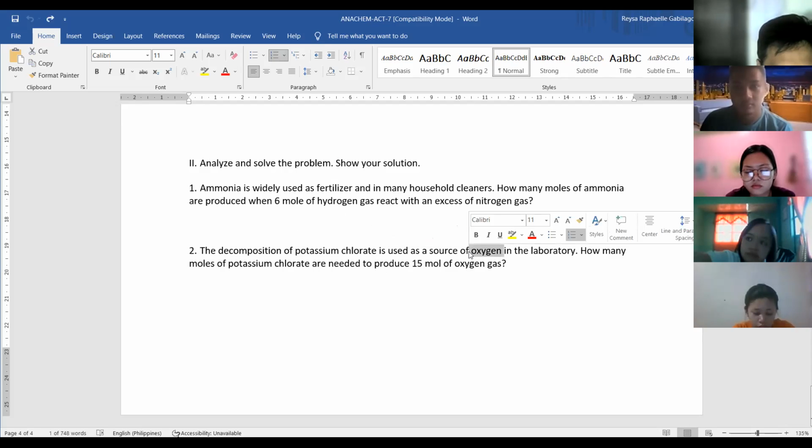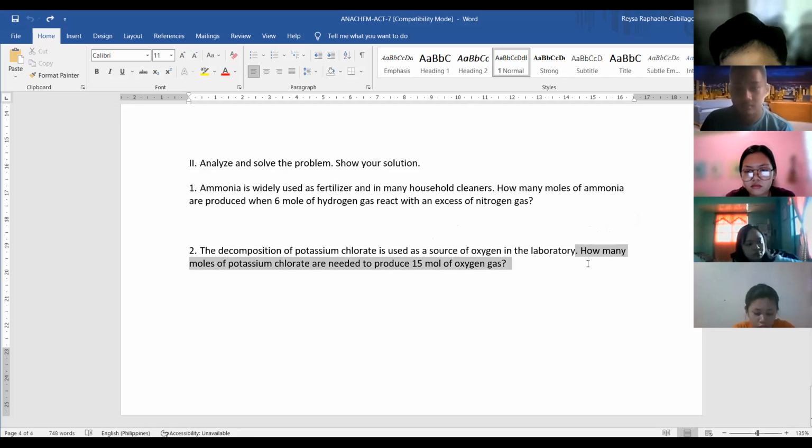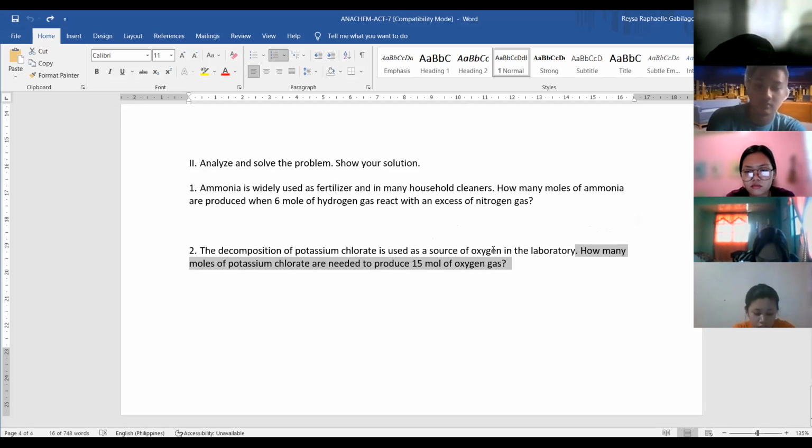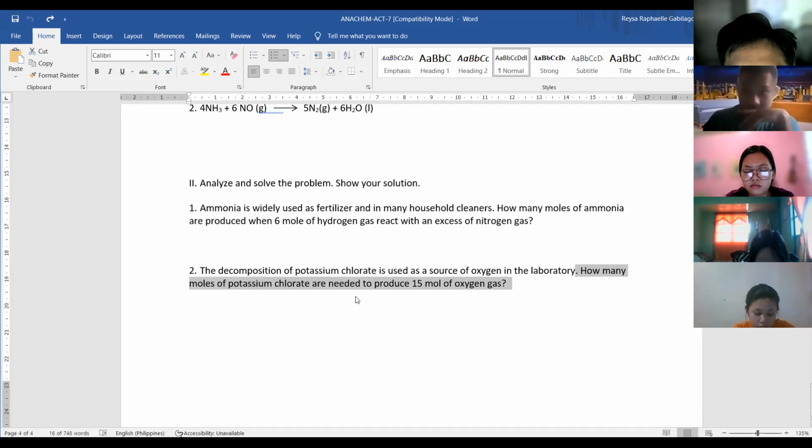So you have to predict what's the other product and you have to balance the equation and solve this one. So how many daw moles of potassium chlorate are needed to produce the 15 moles of oxygen? So you have to properly understand the problem para properly ma-identify nyo din products and reactants and mabalance nyo correctly yung solution. Okay? So yun yung gagawin ninyo.